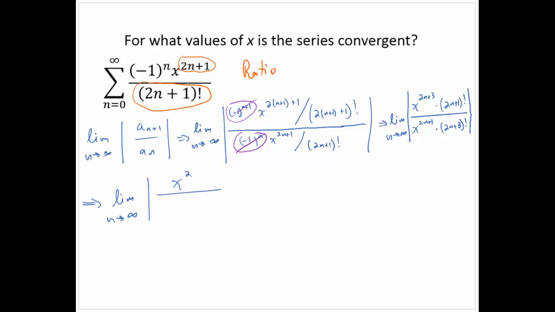And let's see, I've got a 2n plus 3 factorial. Using our understanding of factorial, 2n plus 3 factorial would be 2n plus 1 factorial times 2n plus 2 times 2n plus 3. So removing any common factors, I'll have a 2n plus 2 and a 2n plus 3 remaining in the denominator.